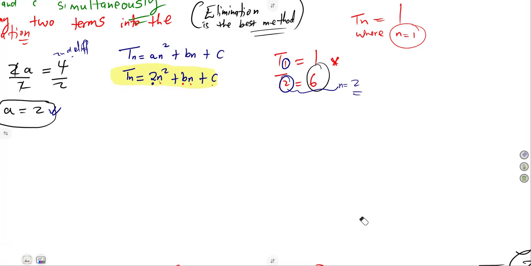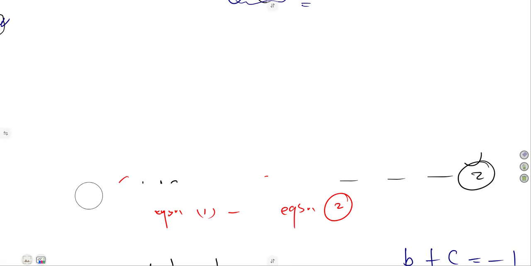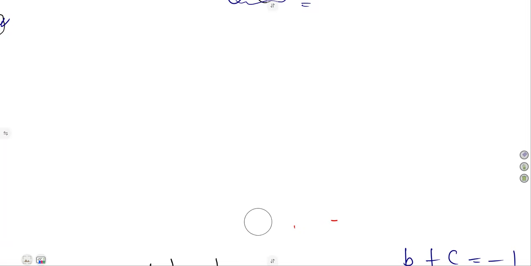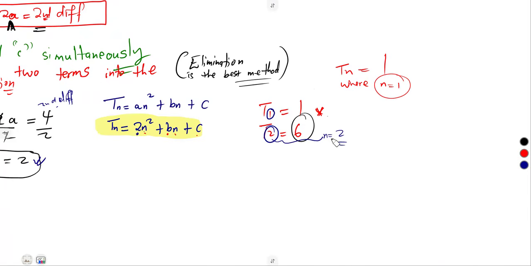It is just solving your simultaneous equations from any two equations that you are working with, right? So since here I've got my b, which is -1, and c, which is 0.